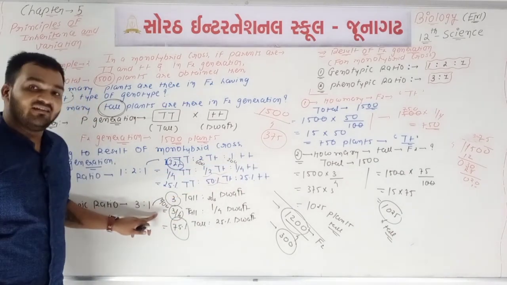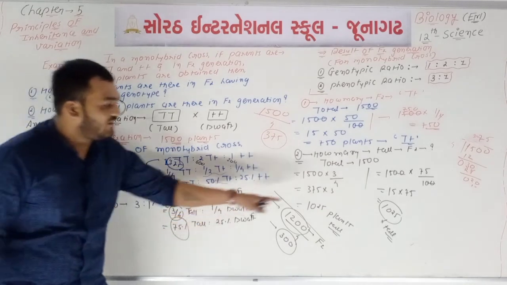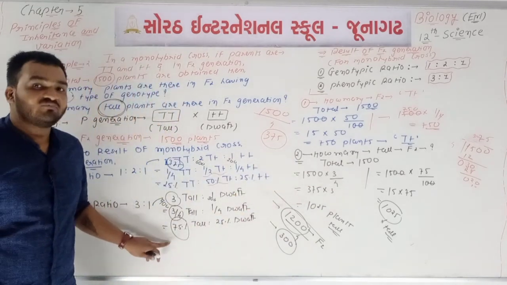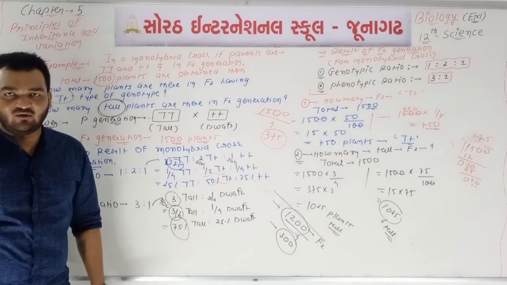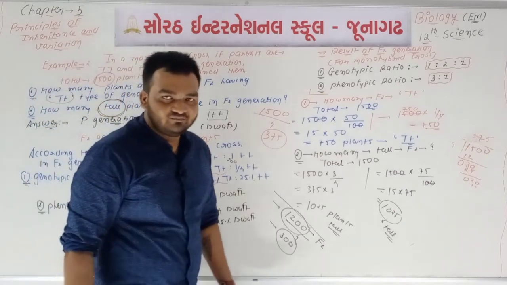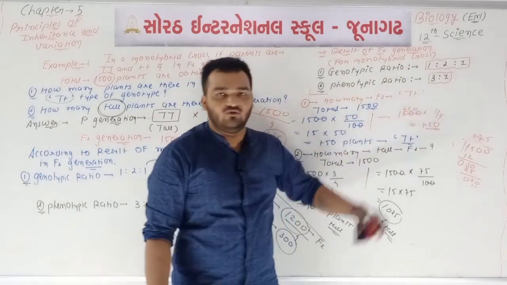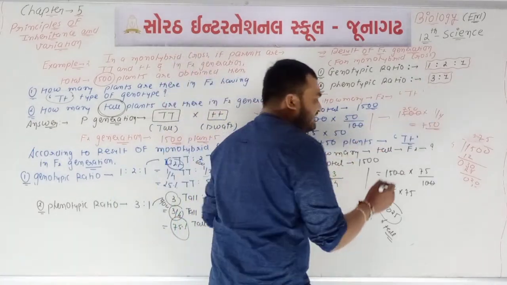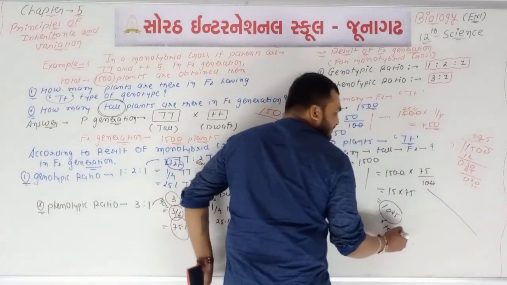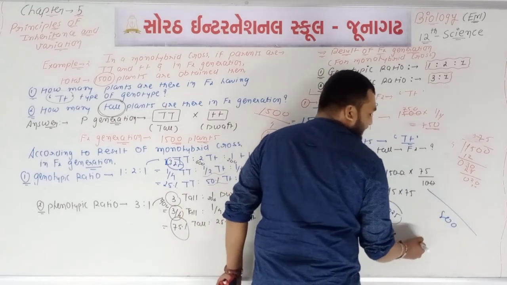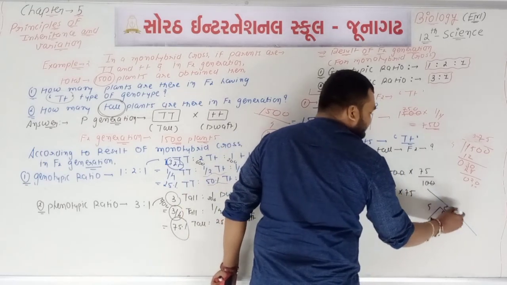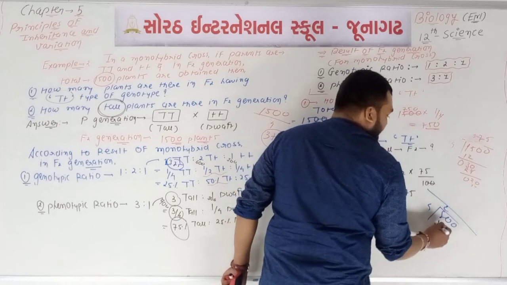Here 375 multiplied by 3 is equal to 1125 tall plants. So whatever number you have, divide it by 4 and put in all these values. Last example: if you have the number 800, divide it by 4.